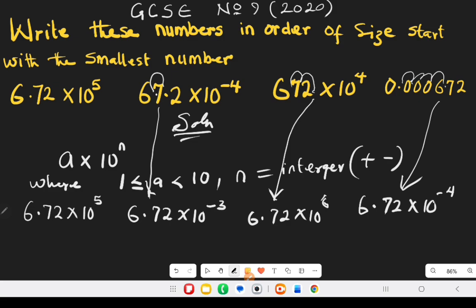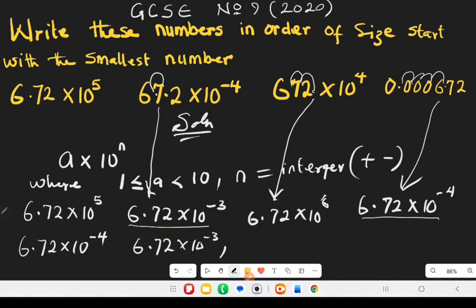Now, the final answer is we have to rearrange in ascending order, from the smallest to the biggest. Then, the negative power 4 is the smallest. So we write 6.72 times 10 raised to the power of minus 4. Then the second one will give us minus 3, which is 6.72 times 10 raised to the power of minus 3.